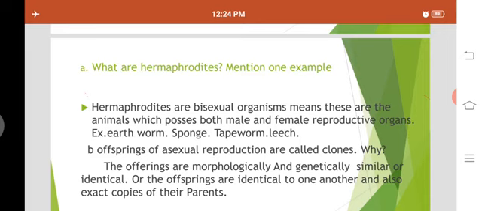Mention one example. And the other: offsprings of asexual reproduction are called clones. Why? Because they are morphologically and genetically identical to each other, and also exact copies of their parents, therefore they are called the clones.